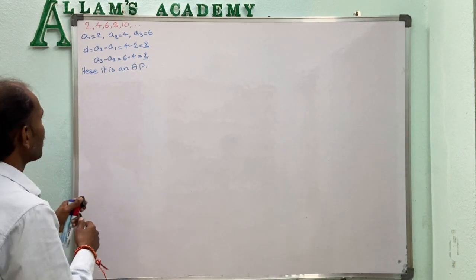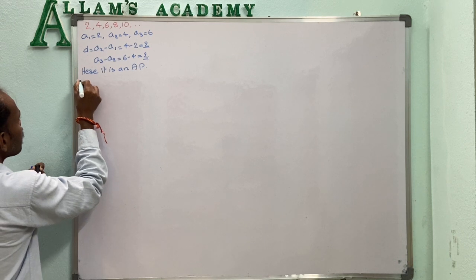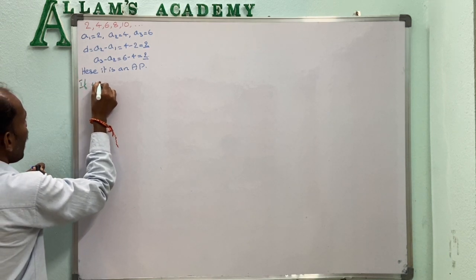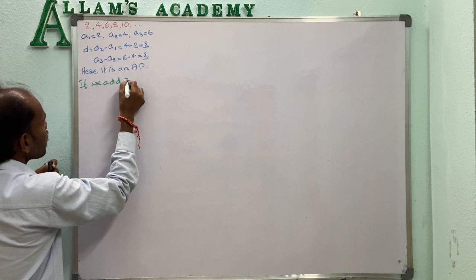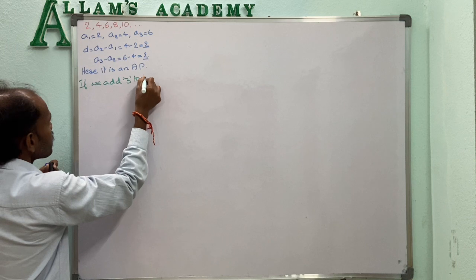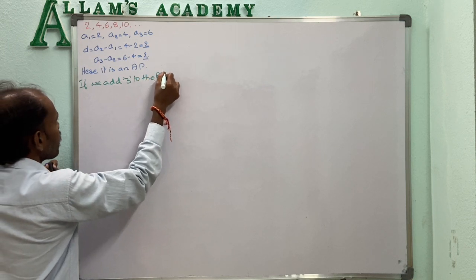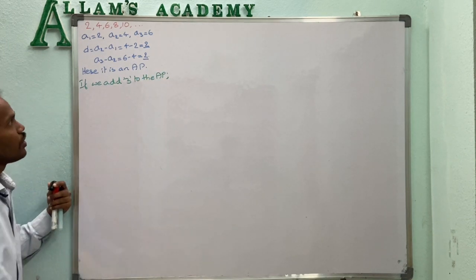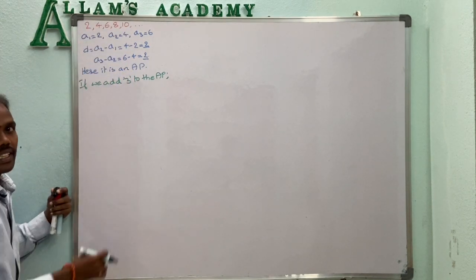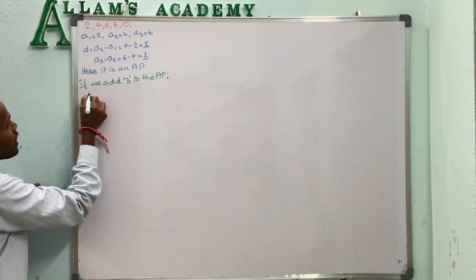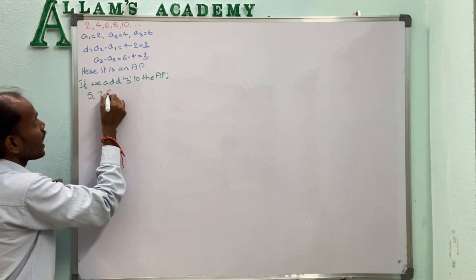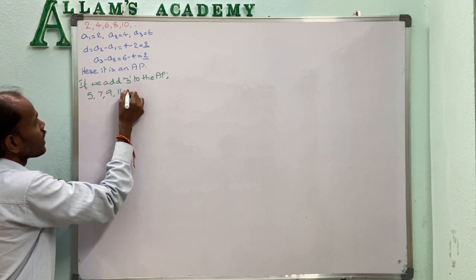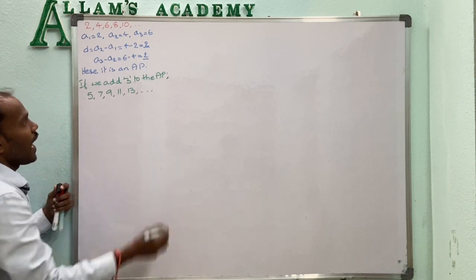Now if we add a constant number 3 to the AP, each term gets 3 added. That is 2 plus 3 is 5, 4 plus 3 is 7, 6 plus 3 is 9, 8 plus 3 is 11, 10 plus 3 is 13, and so on.